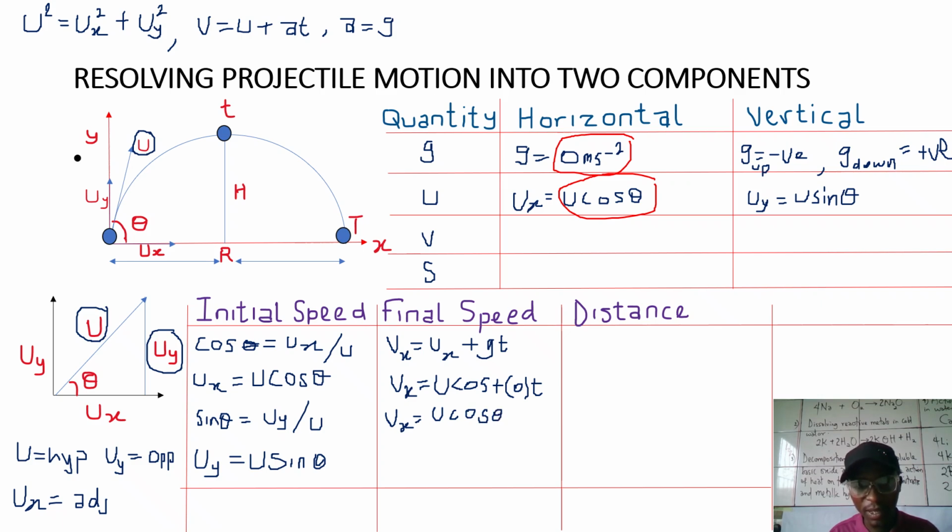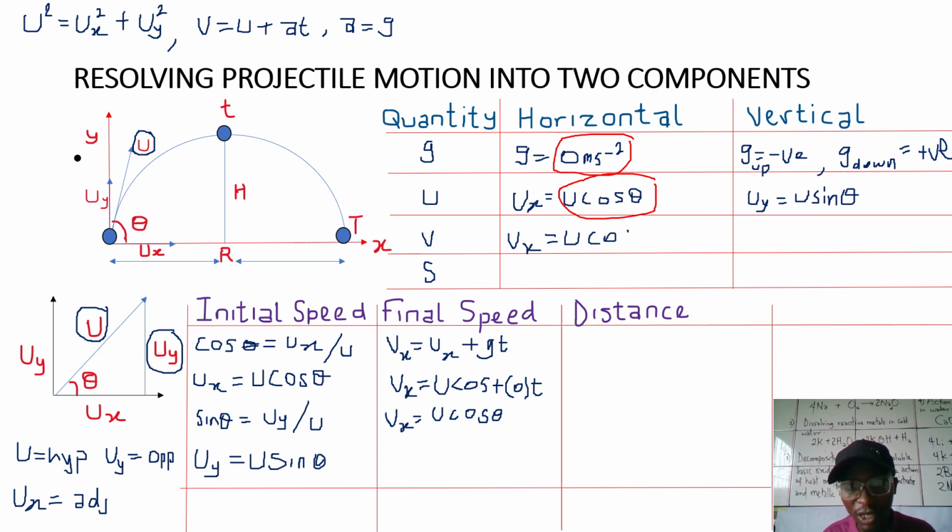Okay, theta is omitted here. So let's put the value of our final speed along the horizontal axis, Vx, which is equal to U cos theta.